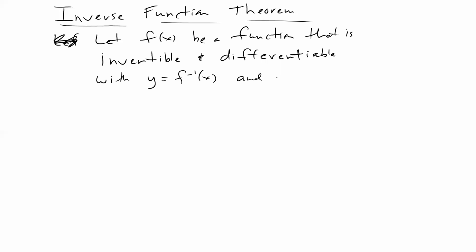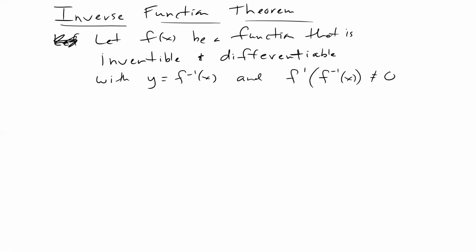The other thing is that the only time this does not work is when the derivative is 0. We're good? Because you remember we just formed a reciprocal relationship, right? So you can't have 0 in the bottom of a fraction here.